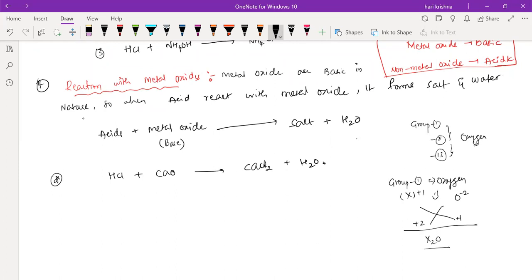So take sodium oxide, Na2O, plus any acid you take. Which acid will we take? H2SO4. It will form H2O and Na2SO4. That's all. So you can take any group number 1 oxide, it will form the salt and H2O.